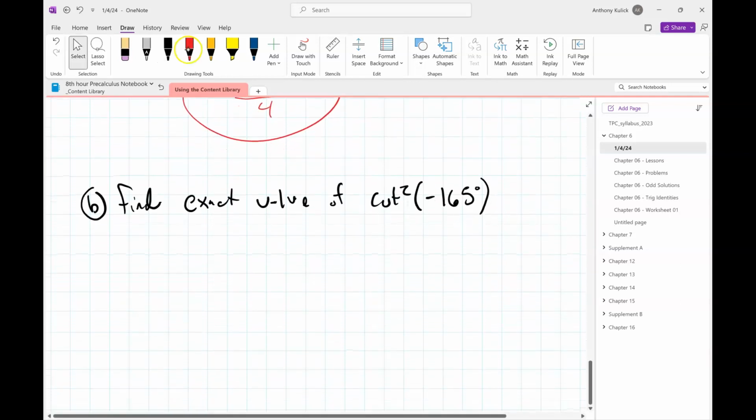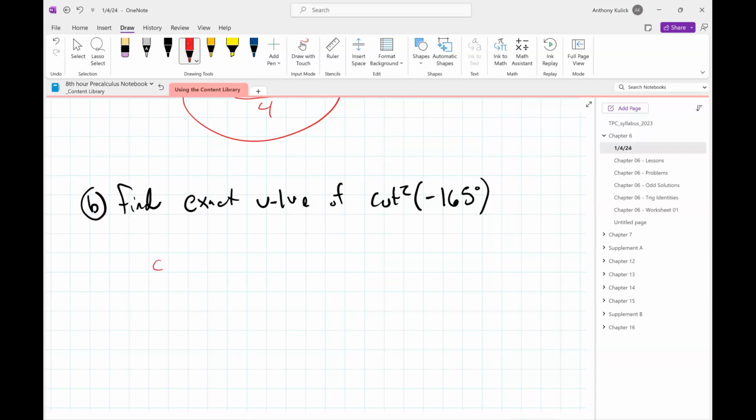We're going to find the exact value of cotangent squared negative 165. Again, we're using the power reducing identities was the direction. Go look at the power reducing identities. Which one of those would I need to use?